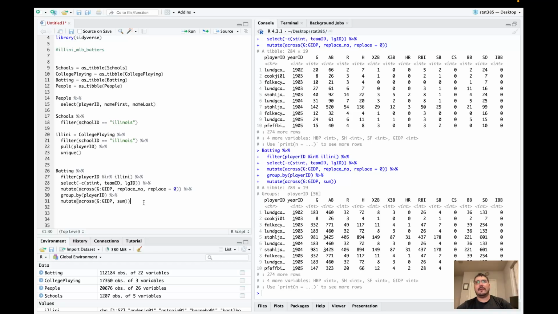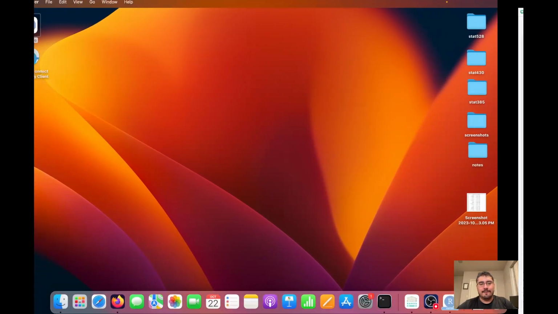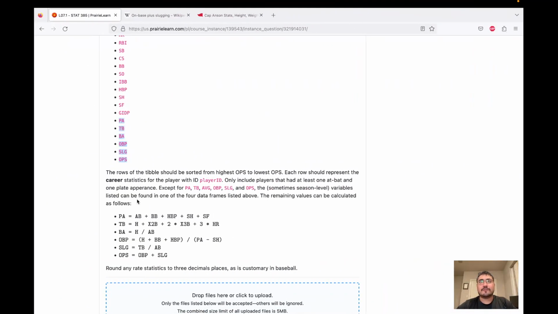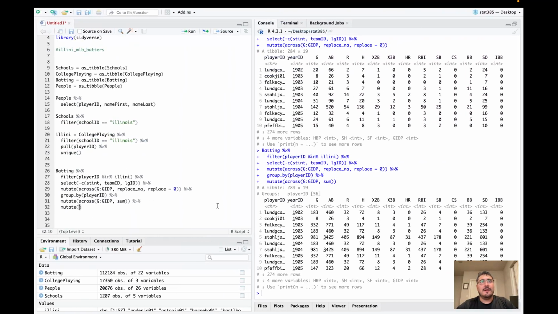All right, so group by player ID, across sum, and then now, okay. So, oh, this isn't copyable, is it? Okay. Well, give me 1 second here.